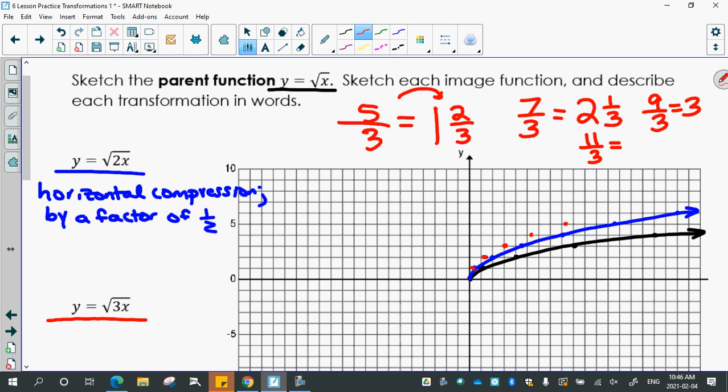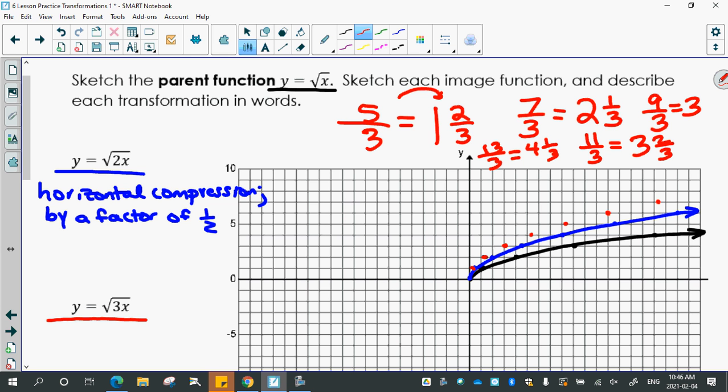11/3. How many times does 3 go into 11? 3, 6, 9, 3 with 2/3 left over. So I'm only 1/3 of the way into that square, so I'm going to go over 3 and 2/3, which puts me on a corner. 13/3. 3, 6, 9, 12, goes in 4 times with 1/3 left over. So from that corner, I'm going to go over 4 and 1/3.